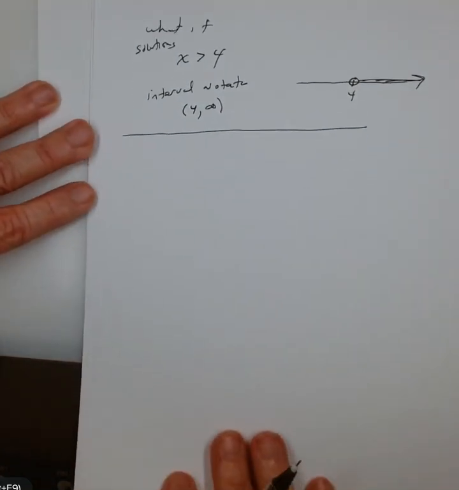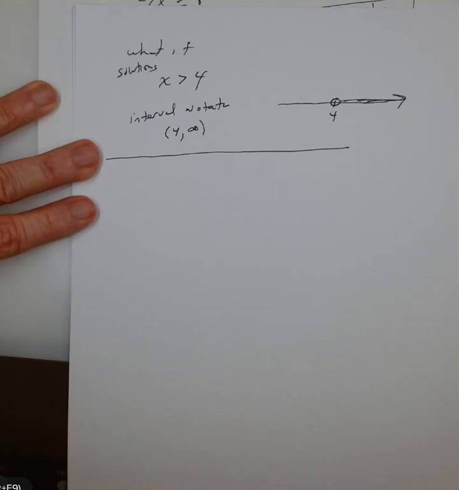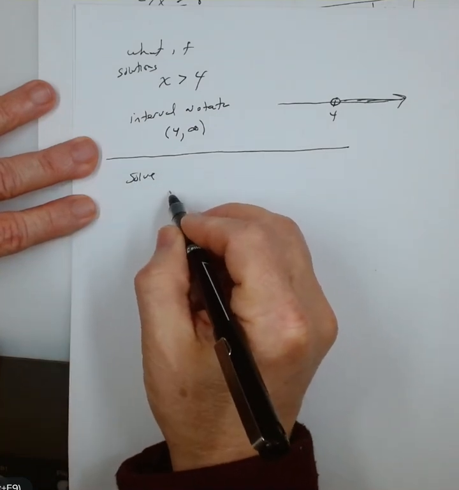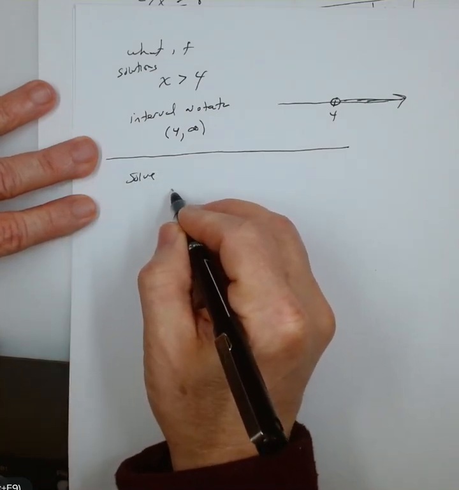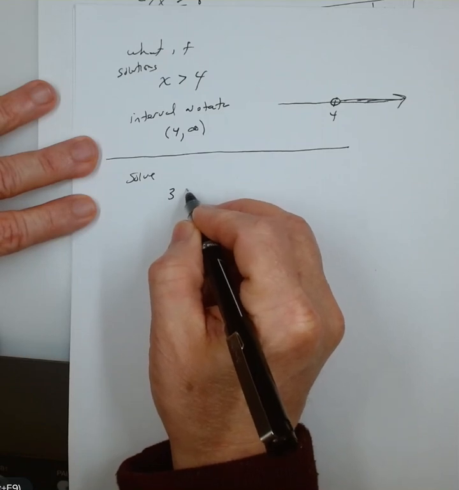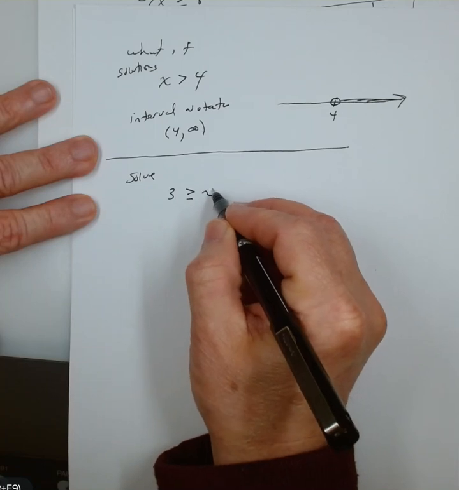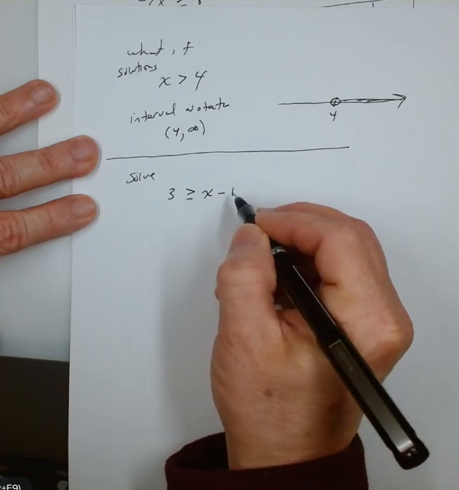Now, sometimes, when solving a linear inequality, most students prefer to have the variable on the left-hand side. It doesn't matter, but it usually helps if the variable's on the left-hand side. So, for example, suppose I had 3 is greater than or equal to x minus 1.